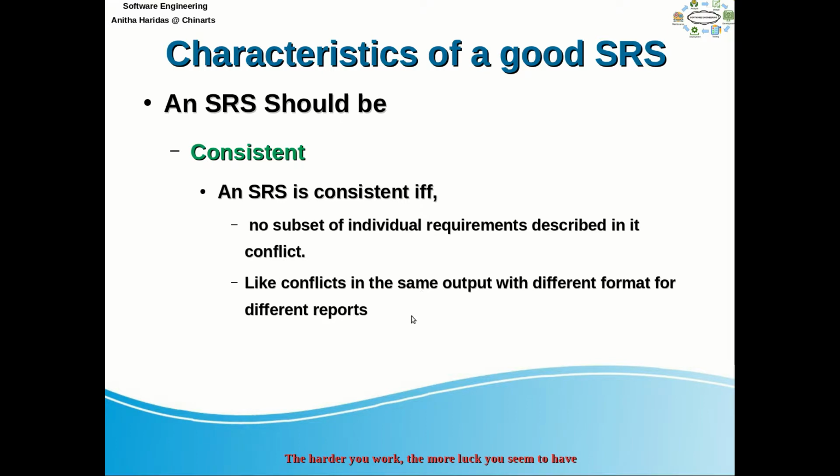And also you should not have any conflicts for the same output with different formats for different reports. Say for example, if your software is developing two different reports, the same output should not be described in two different formats. If you describe it in two different formats, then there is going to be a conflict arising.